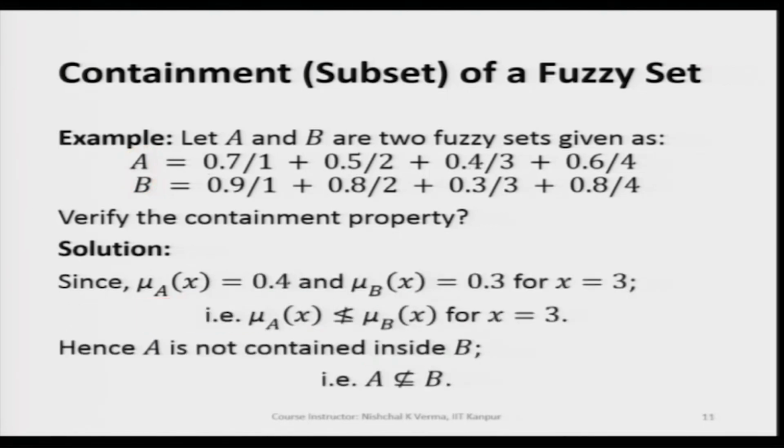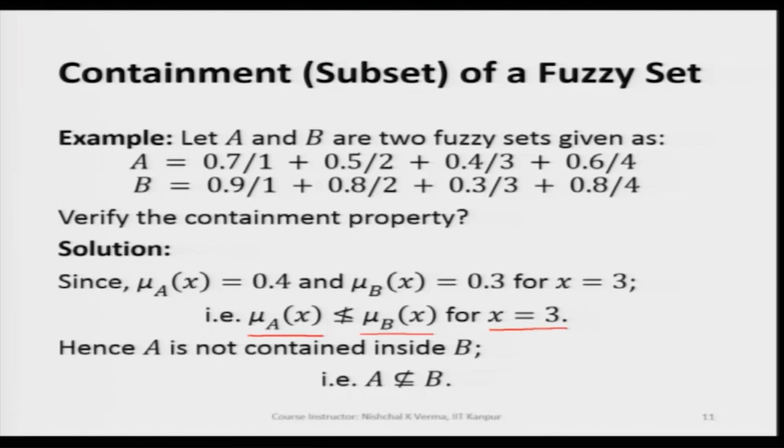Here we have another example, and we see again two discrete fuzzy sets A and B. Just by looking at the generic variable values and their corresponding membership values, we see that mu A x is not less than or equal to mu B for the generic variable value x is equal to 3.